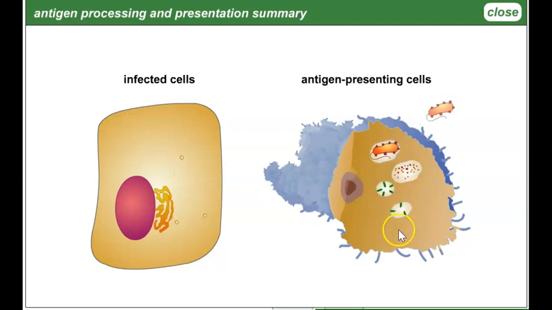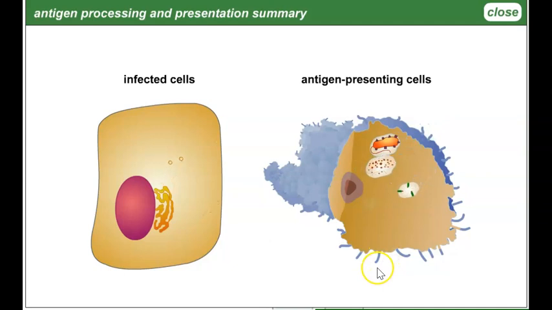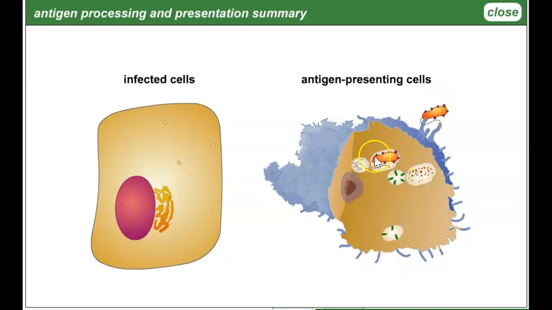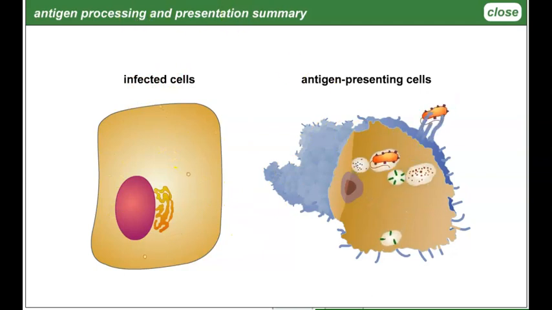And then this vesicle can go to the surface of this cell, and now that vesicle is displaying chunks or epitopes from the pathogen that was actually ingested. So you can see two different ways of presenting things from inside of the cells there.